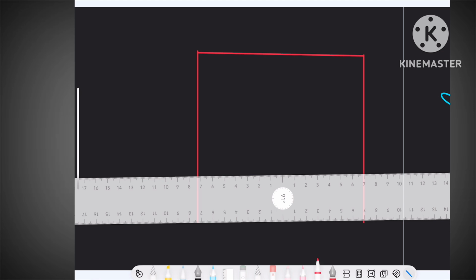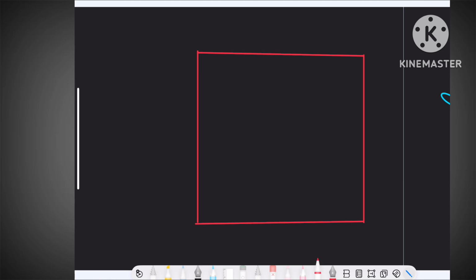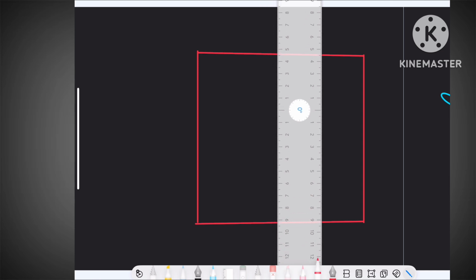It is not so appropriate, but okay. Then we have to make grids of 1 centimeter. It is a risky task.